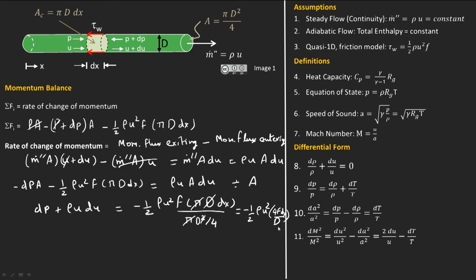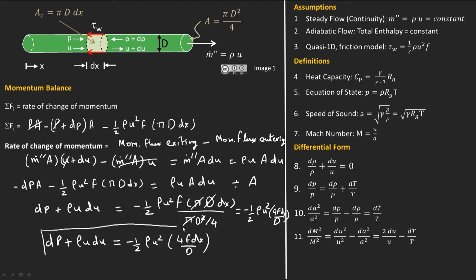I apologize that it ran over the other side, but we'll express this more succinctly in the next line as dp plus rho u du equals minus half rho u squared 4f dx over d. Let's box this form of the momentum equation and call it equation 1.